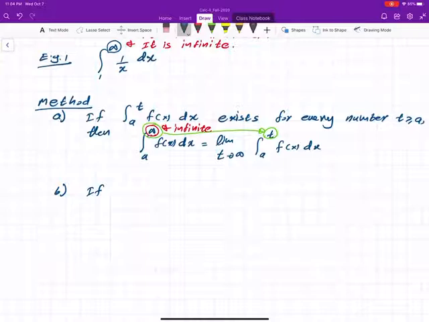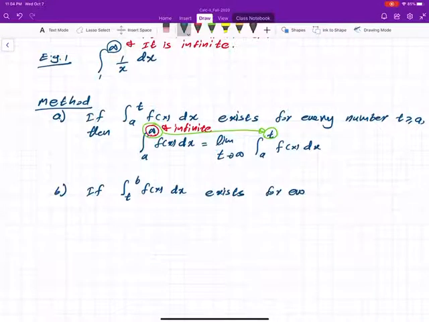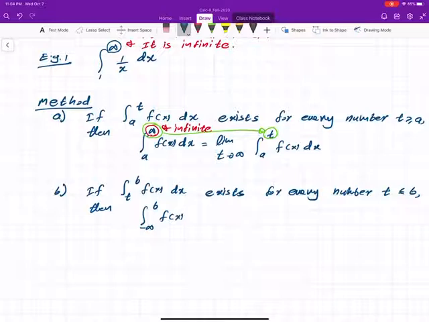If the integration from t to b of f of x dx exists for every number t smaller than or equal to b, then the integration from negative infinity to b of f of x dx equals the limit as t goes to infinity of the integral from minus t to b of f of x dx.